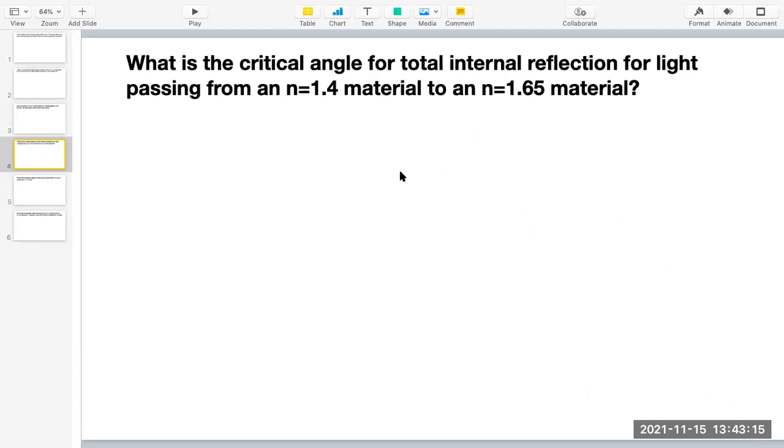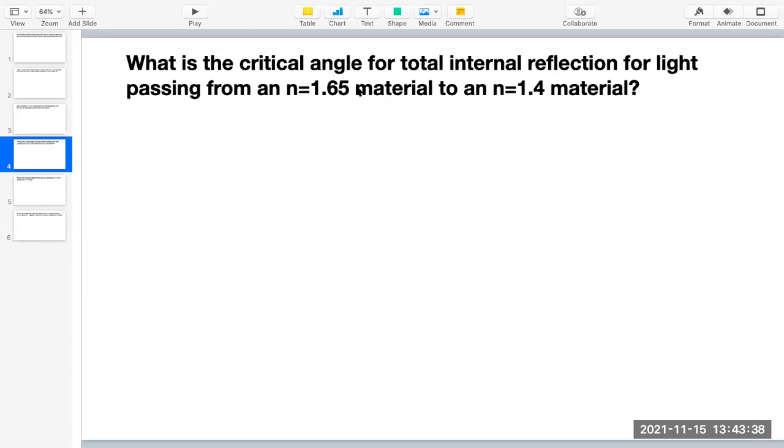So total internal reflection wouldn't happen here, because it happens if something is trying to escape the higher medium material. So I have the power to change this into something that makes sense.